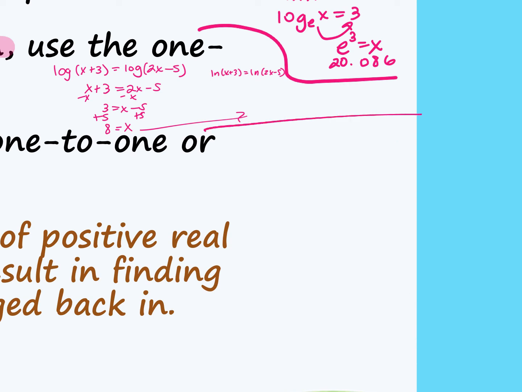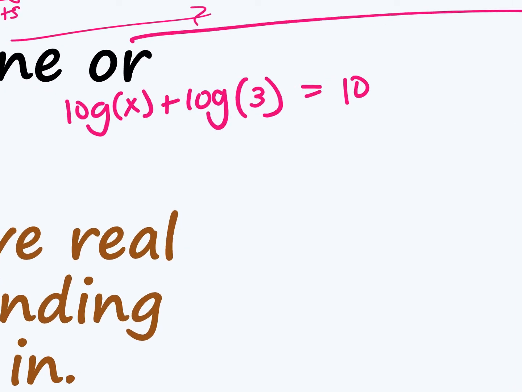So if I had log of x plus log of 3 equals 10, it's a really big number, but I'm just making stuff up. I would condense the left side, so this would be log of 3x, because when we condense, we multiply. If it was addition, we multiply.